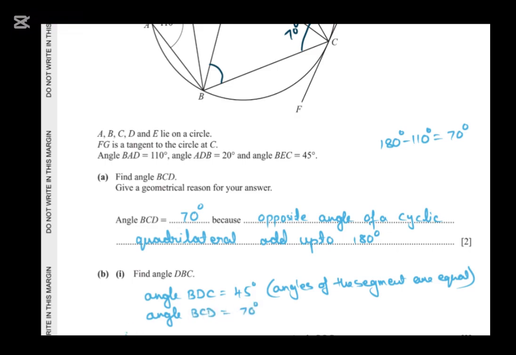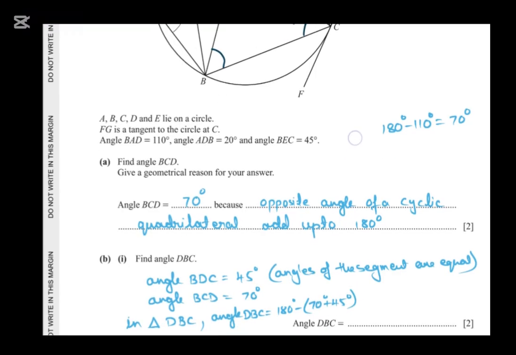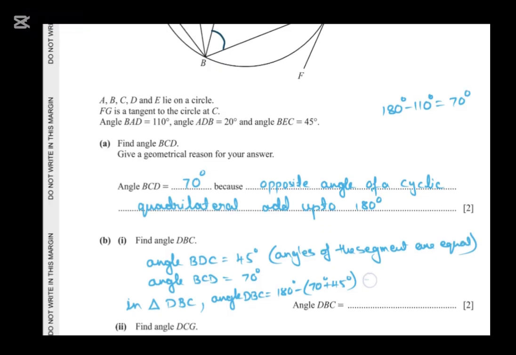Now in triangle DBC, angle DBC is equal to 180 minus 70 plus 45. 70 plus 45 is 115, we'll do it here itself. 180 minus 115: 10 minus 5 is 5, 7 minus 1 is 6, 1 minus 1 is 0.